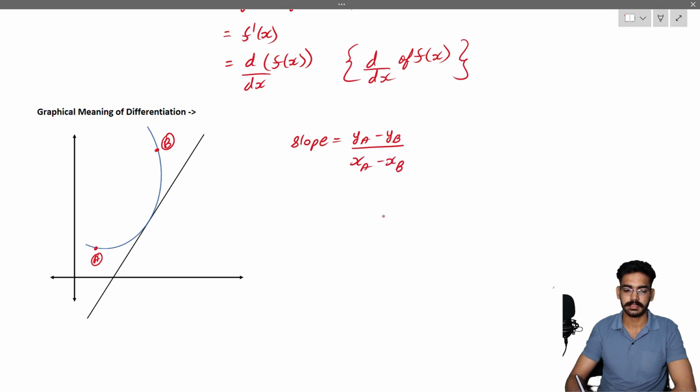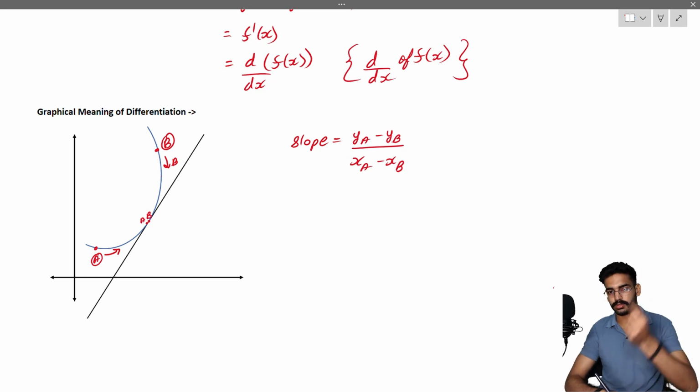I hope everyone understands this. Now what I am doing is moving this point A this side, and moving this point B this side. After some time, they will come very close to each other, A here and B here, they came very close to each other.